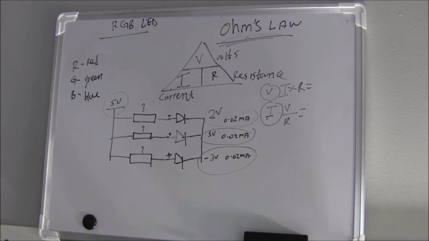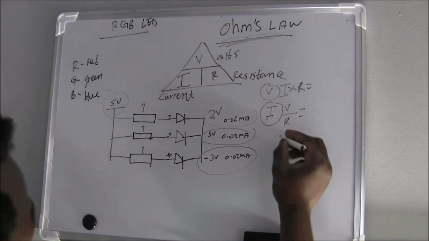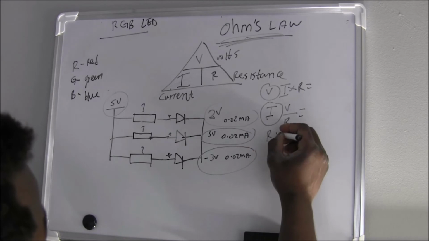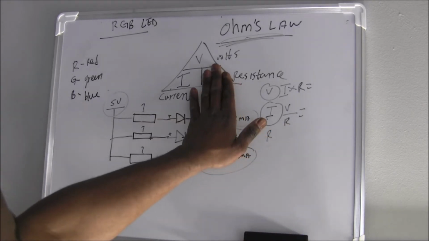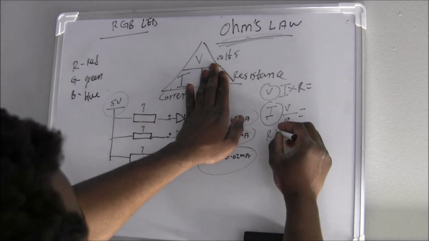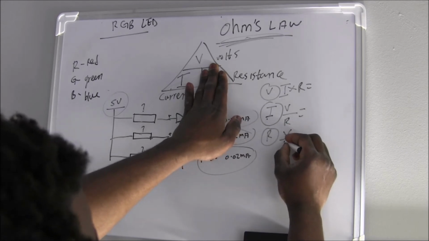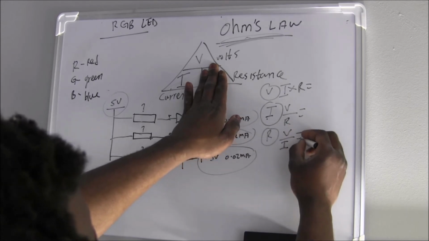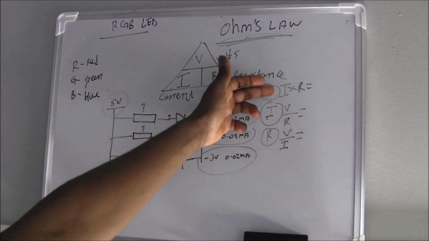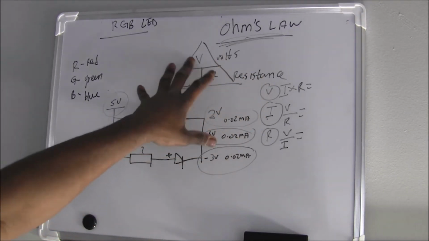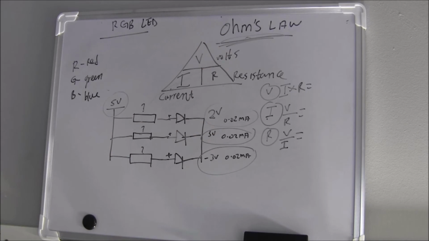And then we are left with the resistance itself. We cover the resistance like this, and we are left with voltage divided by current. So this is the three-method triangle for Ohm's law.